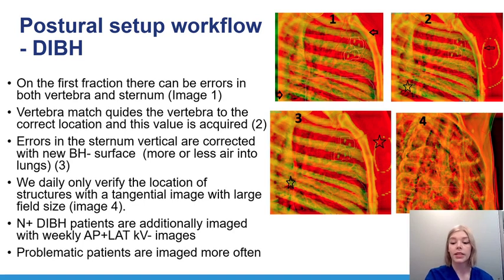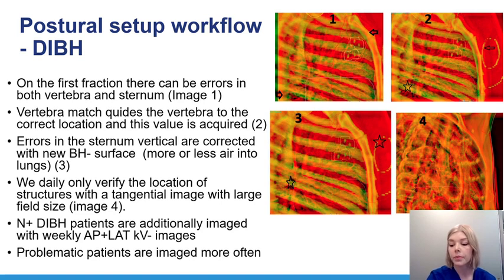Typically, since the SGRT guided patient setup is so accurate, we verify the correct position with only a large tangential KV image, without online couch shifts. In this tangential image, we see the shoulder joint, breast, chest wall, and vertebra to verify that also the N+ PTV is treated correctly.